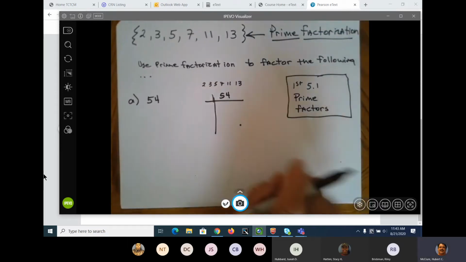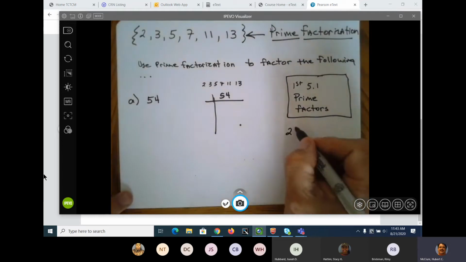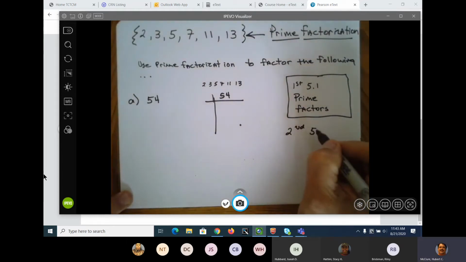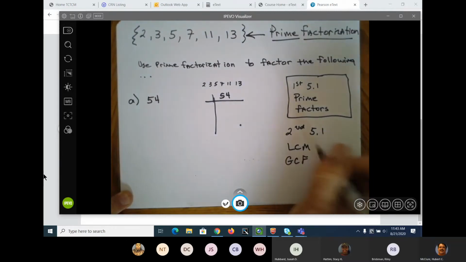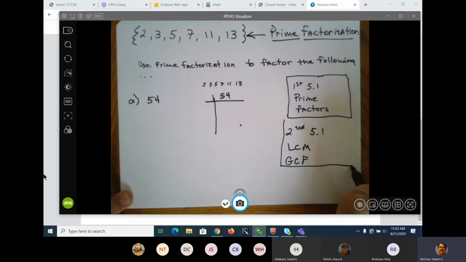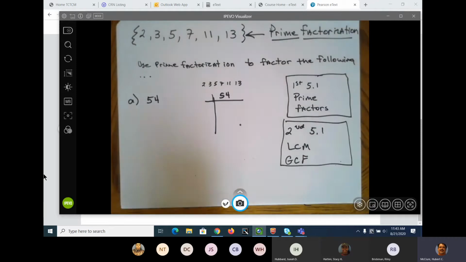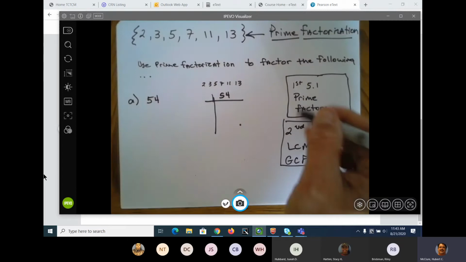The second part of 5.1 is lowest common multiple and greatest common factor. And there's another 2 or 3 questions on the test with 5.1. So you're talking about 6 questions, maybe off of 33 questions. So that's about 20 points. This represents about 20 points of your test.